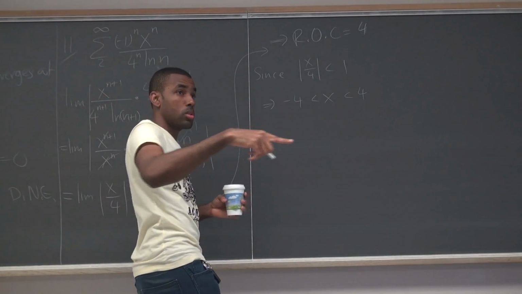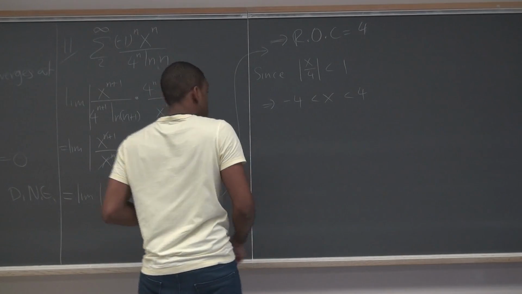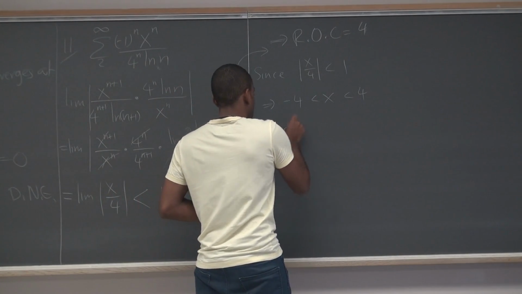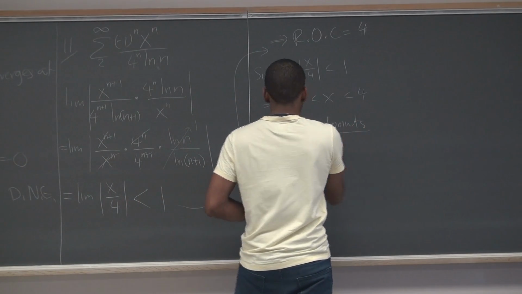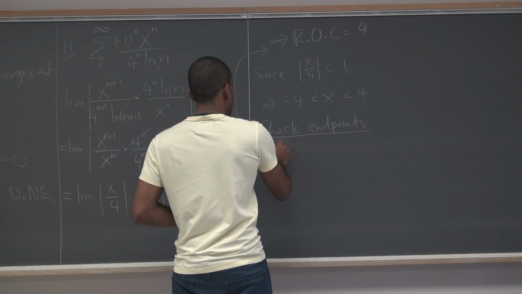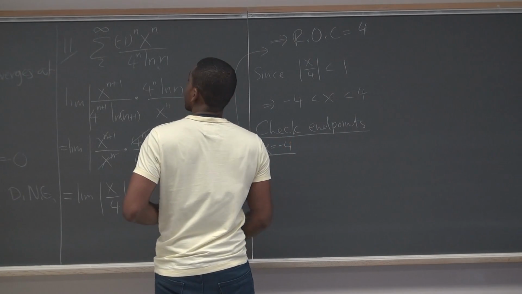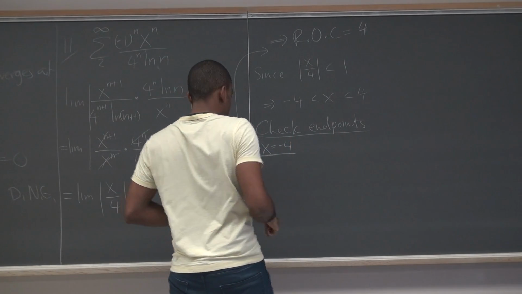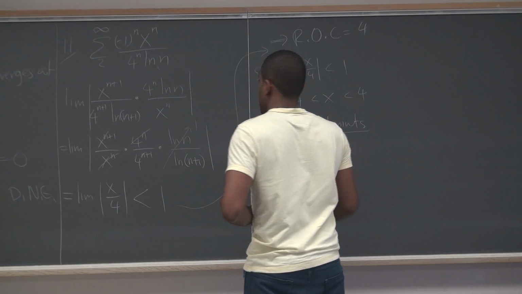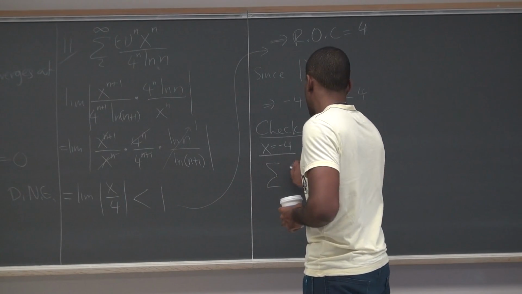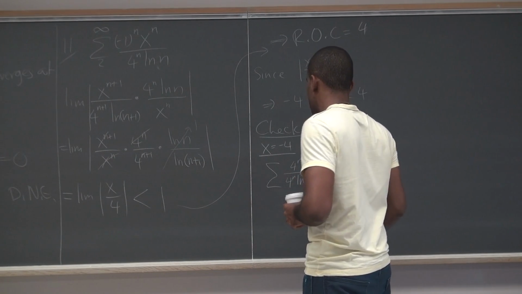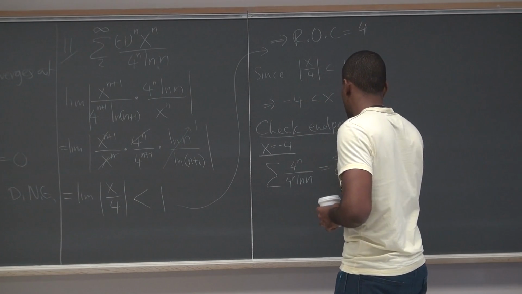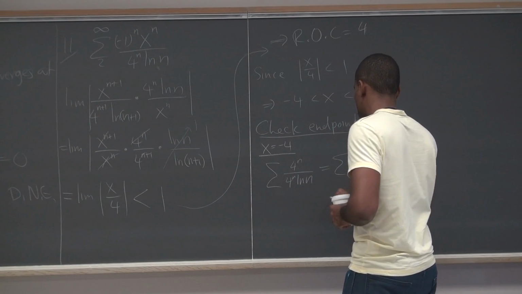Do we need the interval of convergence as well? Yes. So I have to check the endpoints. If x is -4, plug in -4 here, I would end up with the series of 4 to the n over 4 to the n ln n, which is just a series of 1 over ln n.